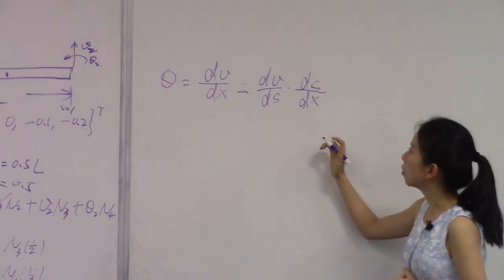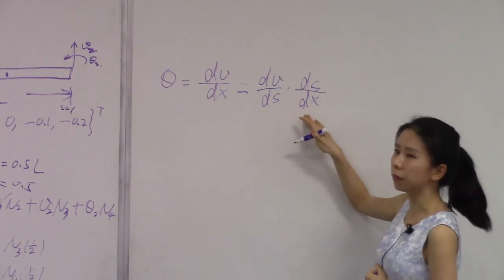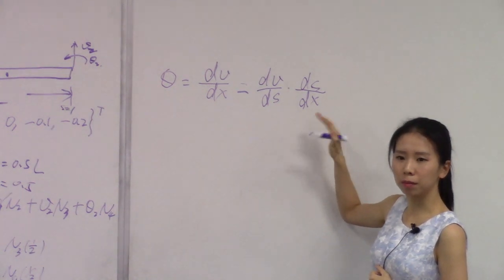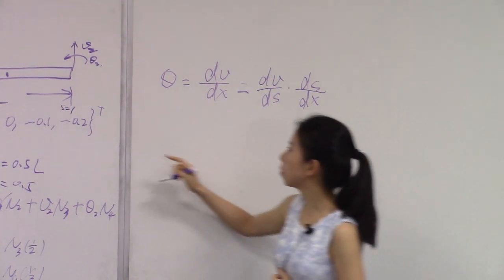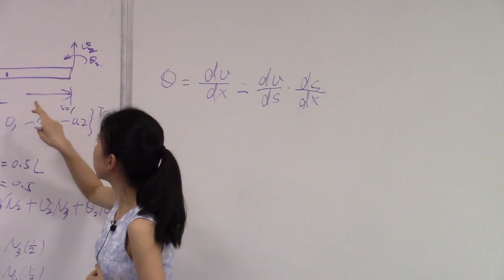We can use the interpolation function to calculate the first part. What is the second part, ds over dx? It is 1 over L.